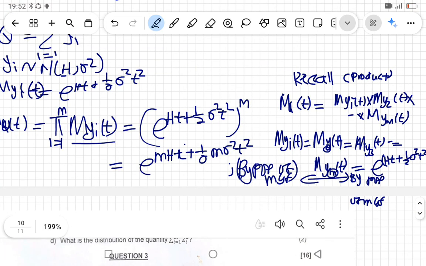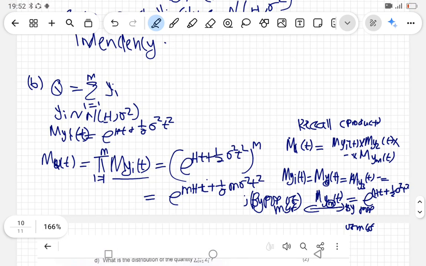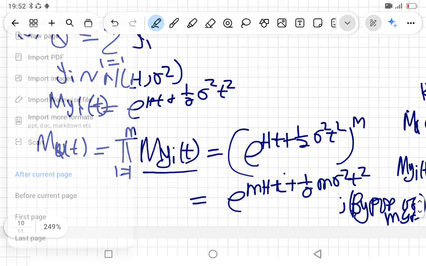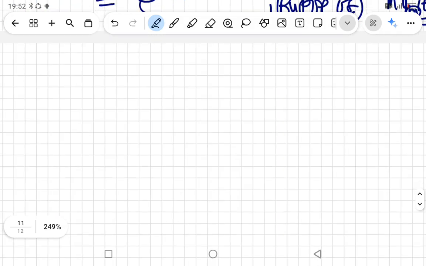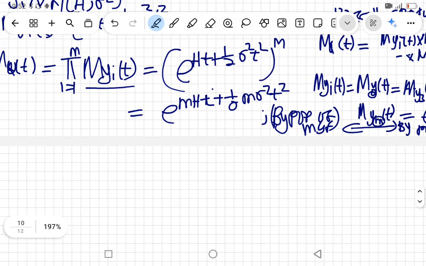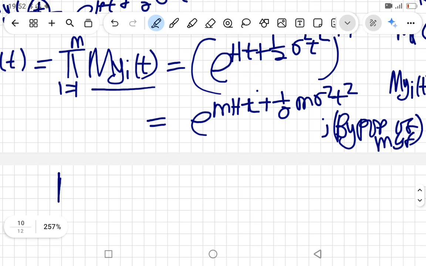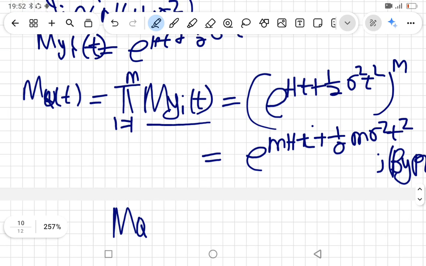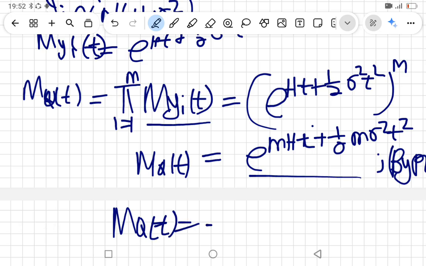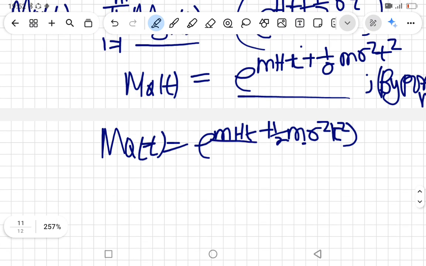So now you will be having this, and then we can clearly see that M_Q of t is just equal to this. So it means this is normally distributed with these two values.